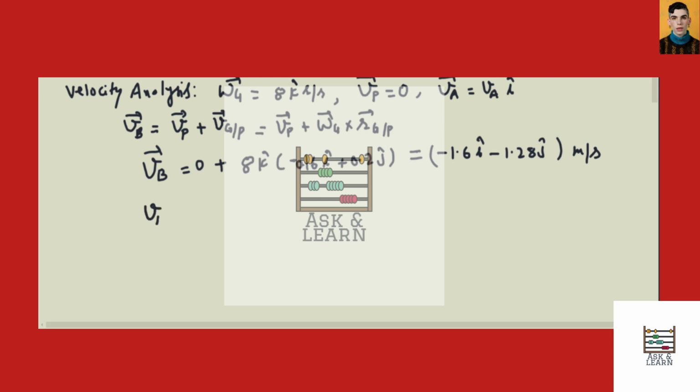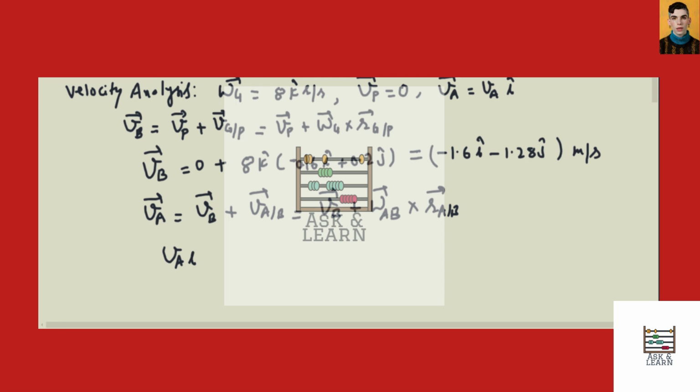Now the velocity of A, you may write velocity of V plus omega AV cross r AV vector.